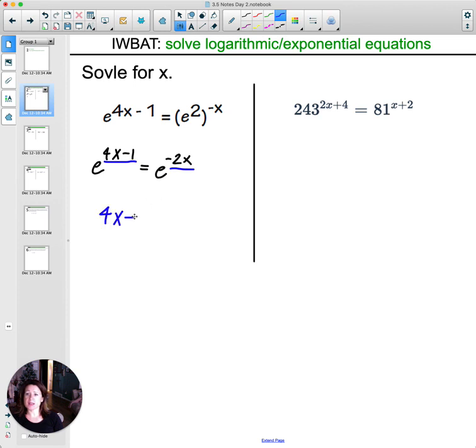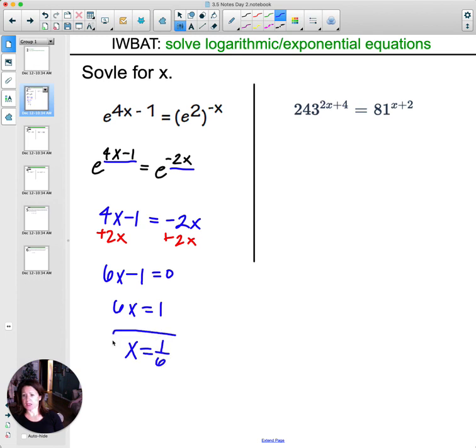We would have 4x minus 1 equals negative 2x, and we would solve. I'm going to add 2x to both sides to get those x's together. Then we would have 6x minus 1 equals 0, add 1 to both sides, and then divide by 6. So we would end up with an answer of 1/6.